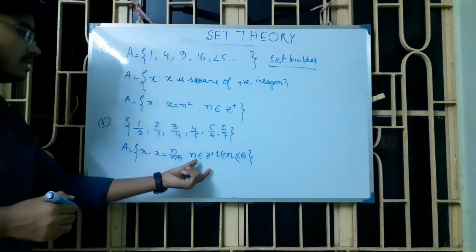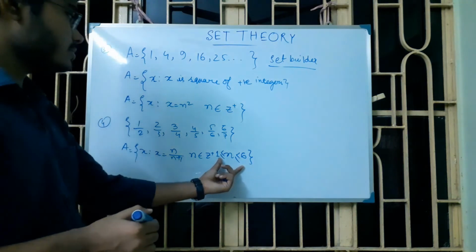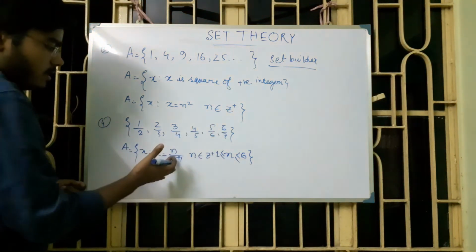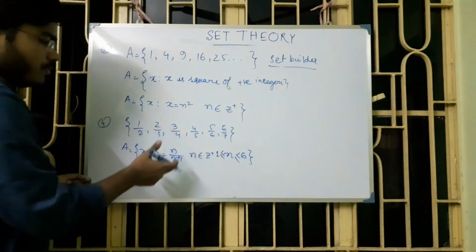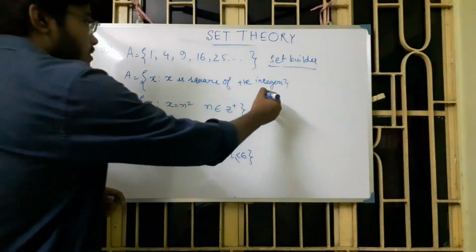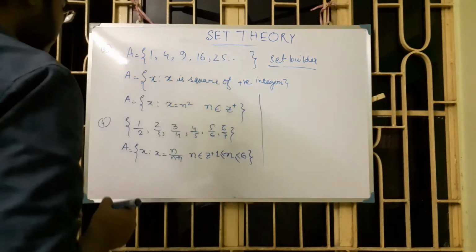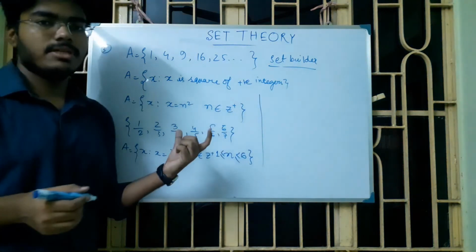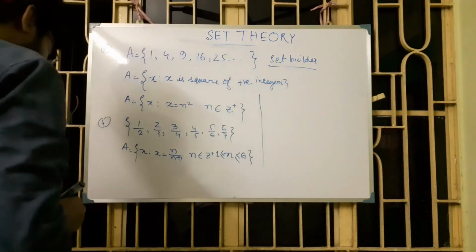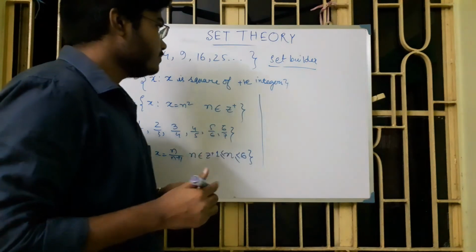So n is a positive integer and n is from 1 to 6. This is the set. Look, if we put 1, 1 plus 1, 2. Like this we can represent a set in set builder form.